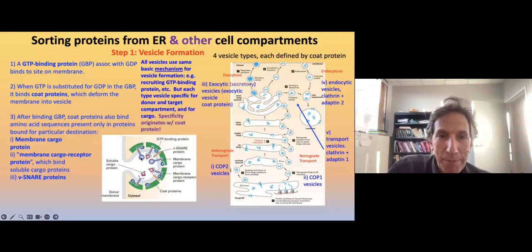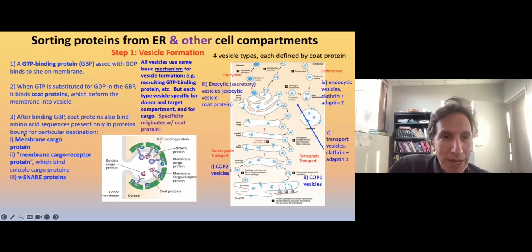This is a transmembrane protein meant to be binding to COP2. So even while the GTP binding protein is the thing that gets it started, it's really the coat protein that is giving it that cargo specificity.